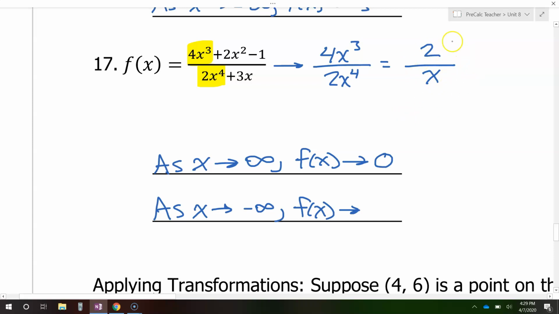So the overall value is going to be getting smaller and smaller. It will be negative, but it's approaching 0 again. As the denominator gets larger in absolute value, the overall value of the function is going to get smaller.